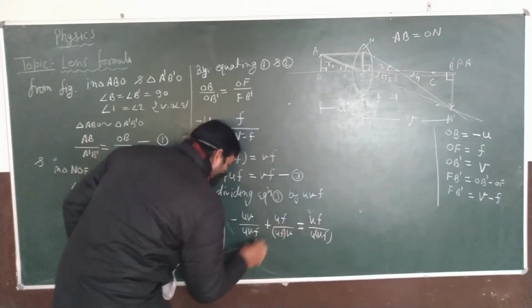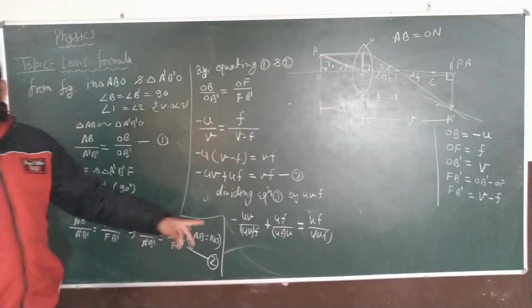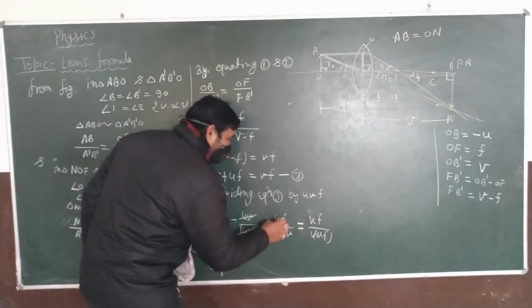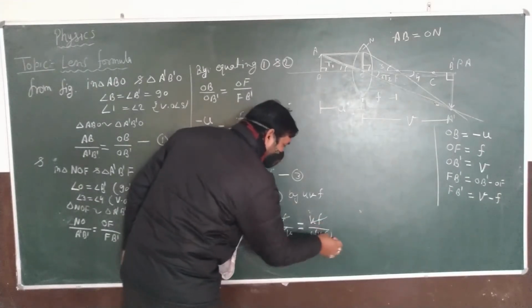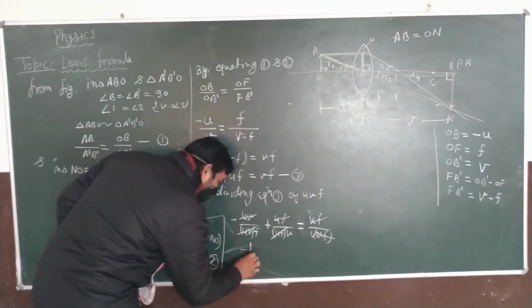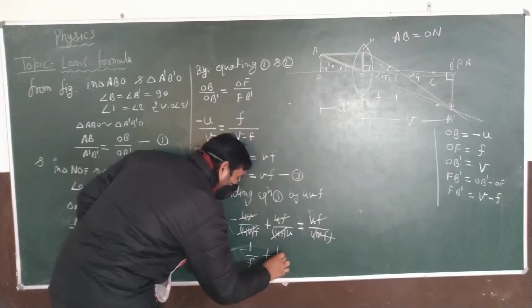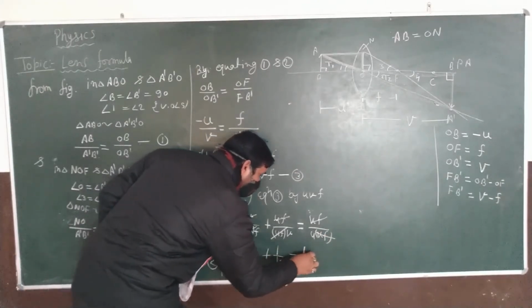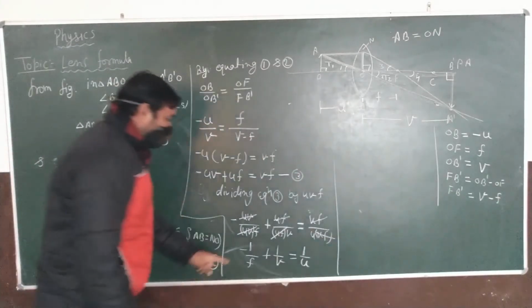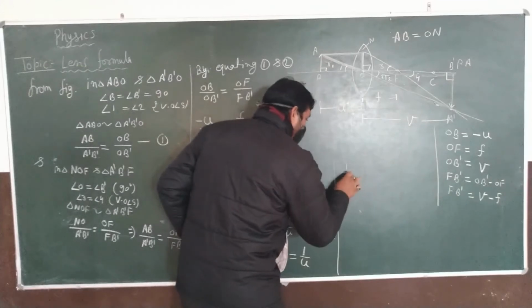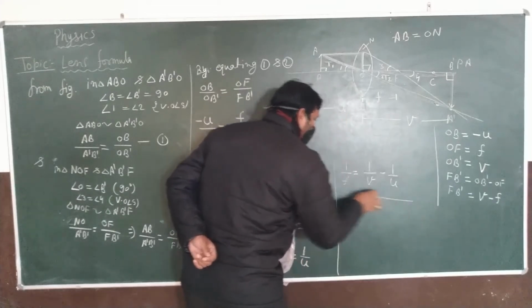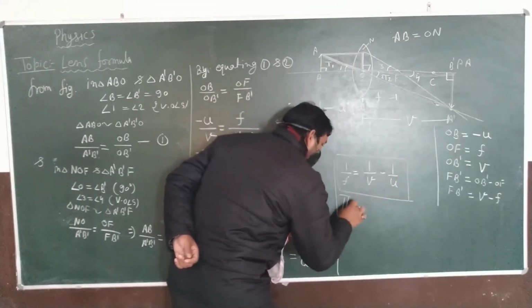Now, these we have in the denominator. The numerator and denominator cancel. What we get from here: minus 1 upon f plus 1 upon v equal to 1 upon u. Okay? Now, finally we get 1 upon f is equal to 1 upon v minus 1 upon u. This is the required answer.